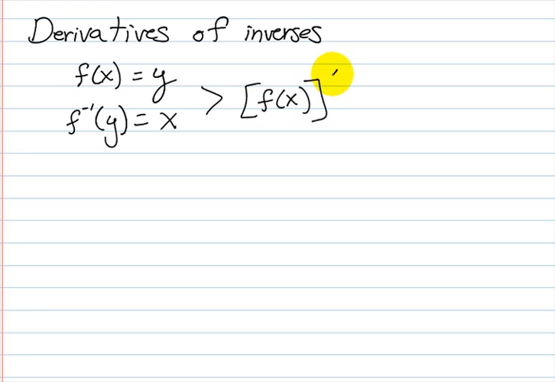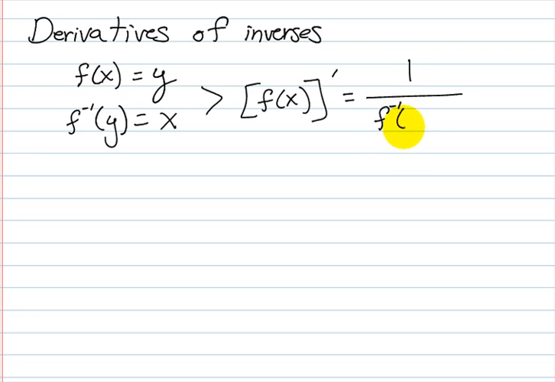If you have the derivative of a function, that number is the reciprocal of the derivative of the inverse, but at the correct location.